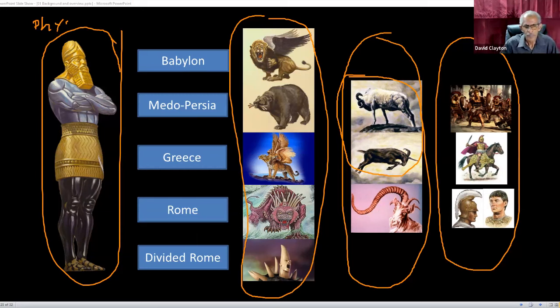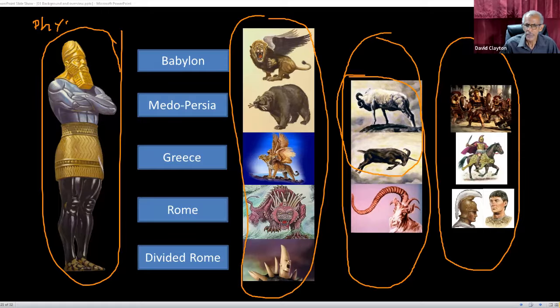And there's not a place in chapter 8 where it talks about the setting up of the kingdom of Christ, but it talks about the restoring of true worship. That's the end point of that chapter. Then you come over to chapter 11, which is where we're about to go now.